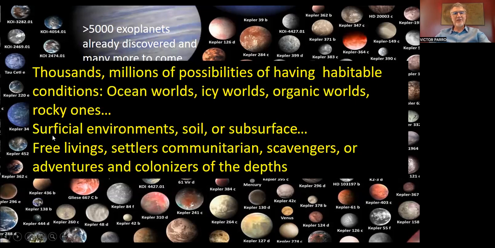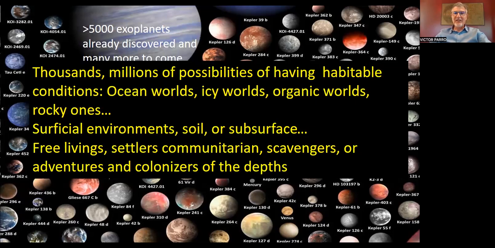We might have habitable environments in the soil or on the surface of these planets. There might be free-living organisms or not, settlers that live together, scavengers, or just adventurers that colonize the depths of these new worlds. So we can imagine a lot of environments.